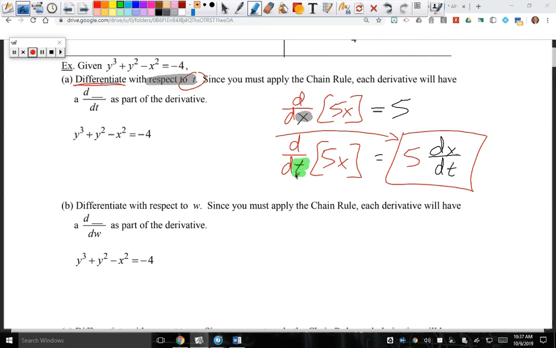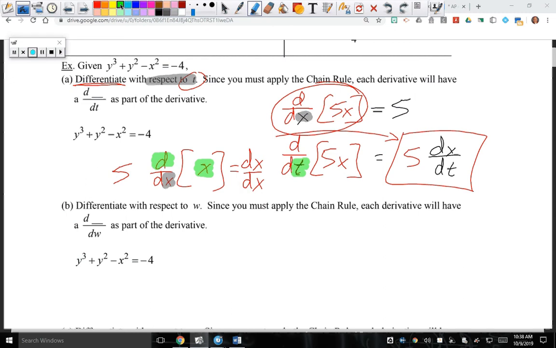Let's go back over here to my original one, though. If I derive this with this approach, I would write 5 times the derivative in respect to x of x. And what is the derivative of x in respect to x?